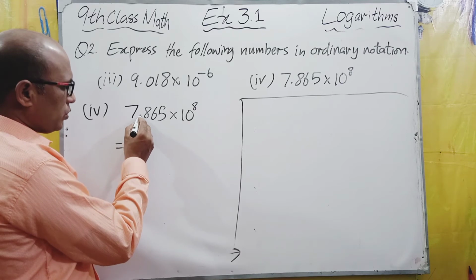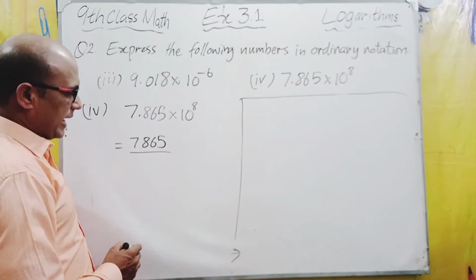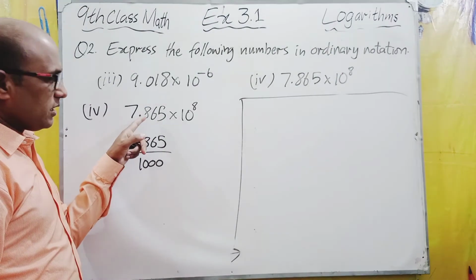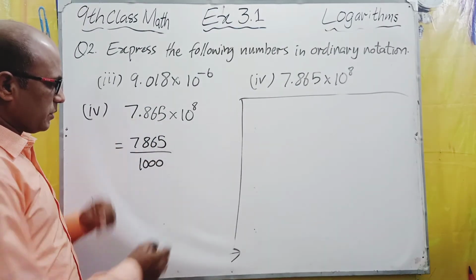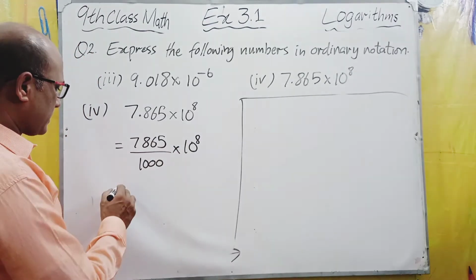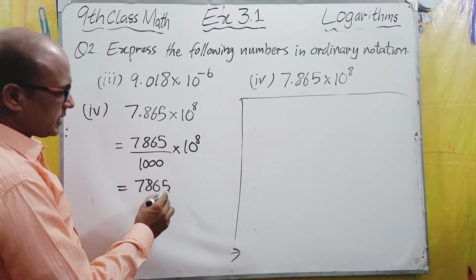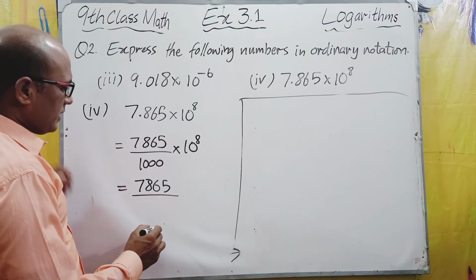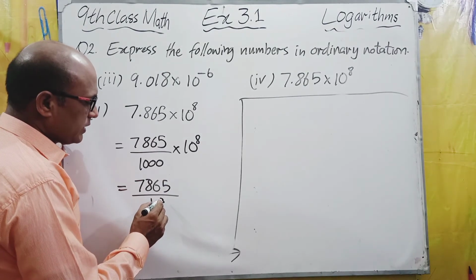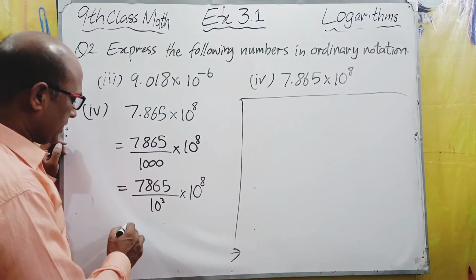First of all, we'll remove this decimal, and as a result we get 1000 in the denominator, because there are 3 numbers after this decimal, and multiplied by 10 raised to the power 8 as it is. 7865 will be written again as it is. 1000 will become 10 raised to the power 3, multiplied by 10 raised to the power 8 as it is.